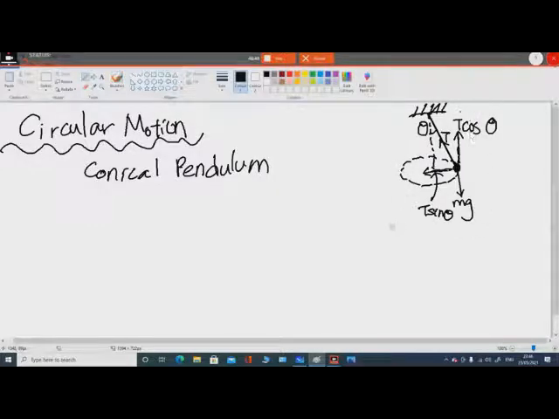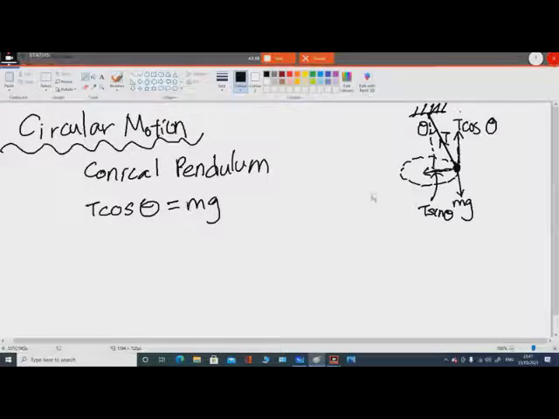Basically T cos theta, as you can see, the vertical force and the weight of the bob are in the same line but in different directions. So we can conclude that T cos theta is equal to the weight of the bob.